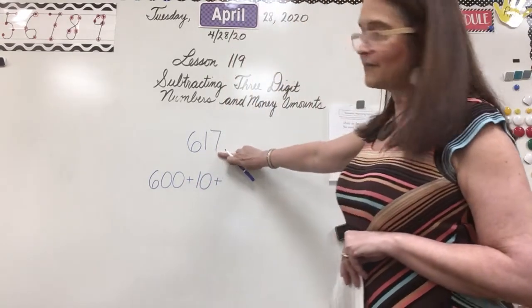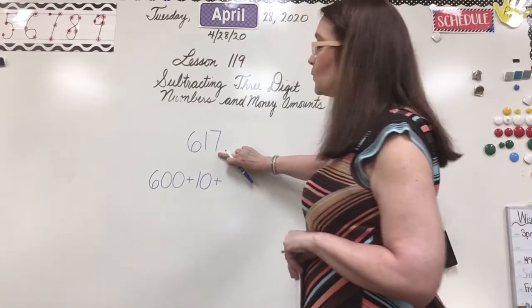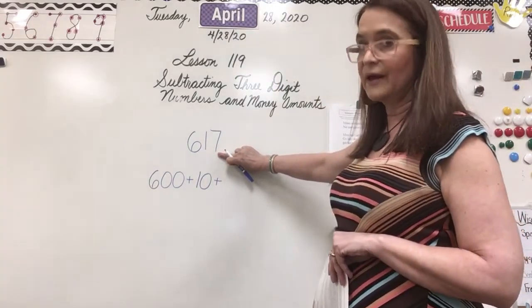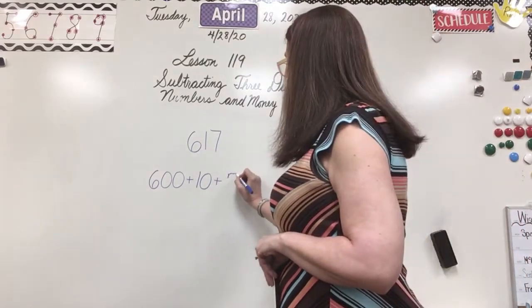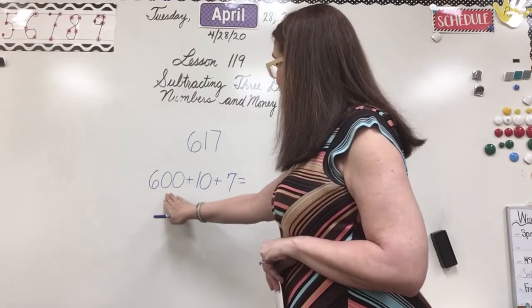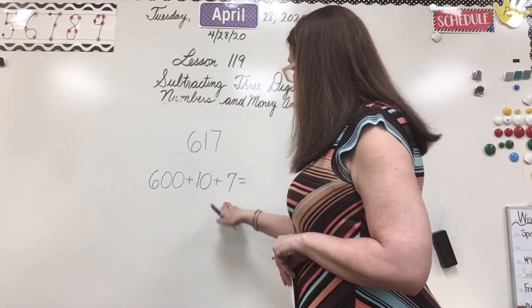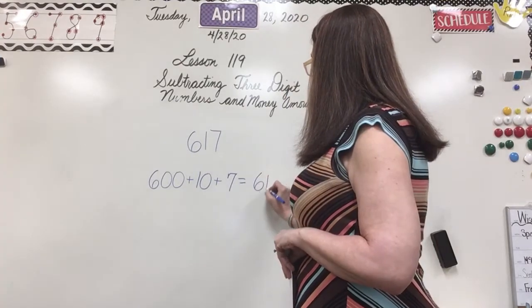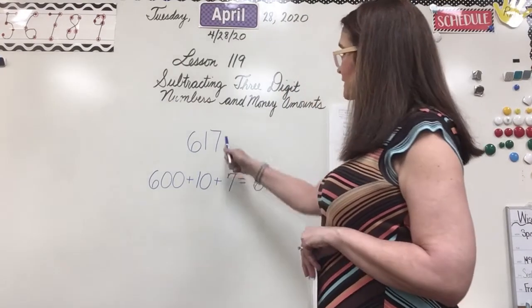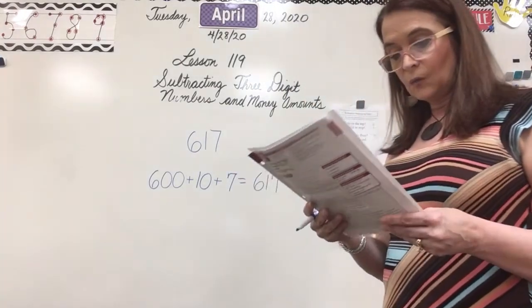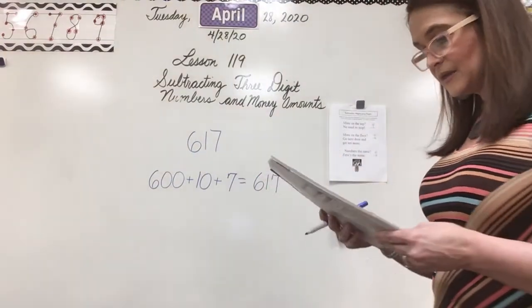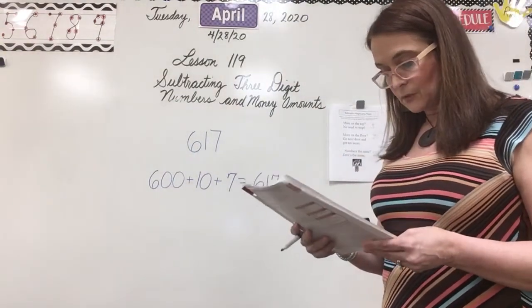How many ones do I have in the ones place? And I have 7. So when I add 600 plus 10 plus 7, I have 617. So these are one and the same. One is using digit form, the other is using expanded form.